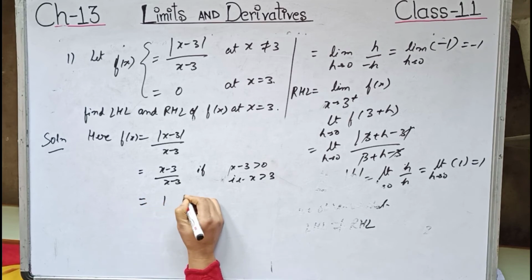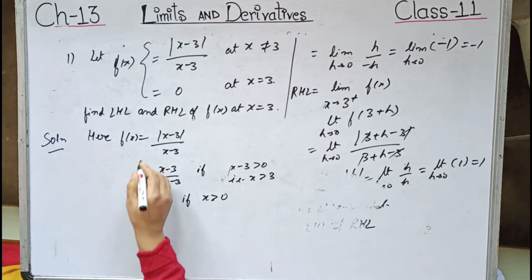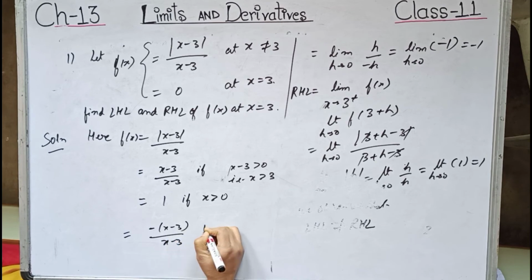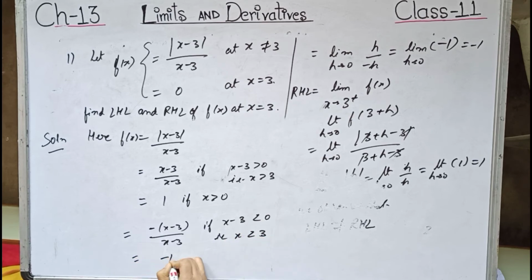Now this equals 1 if x is greater than 3. And this equals minus of (x minus 3) by (x minus 3) if x minus 3 is less than 0, that is x is less than 3. So this will be equal to minus 1 if x is less than 3.